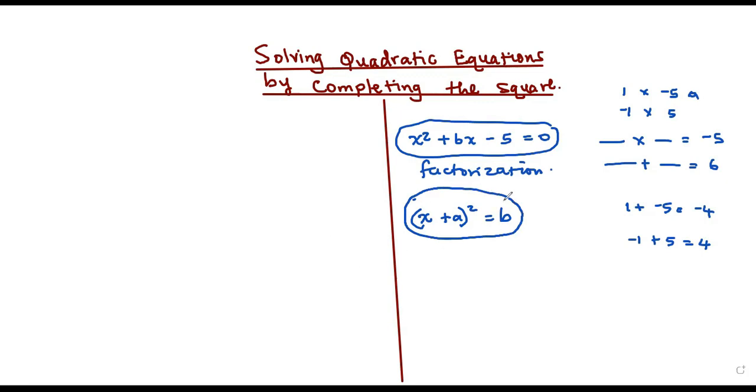This form means that the equation is already a completed square. So let us first see how to solve quadratic equations that are already in a complete square.